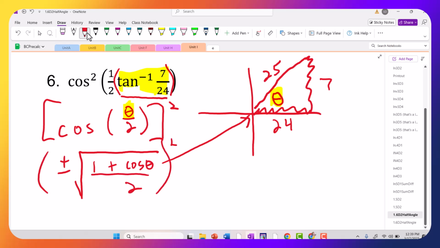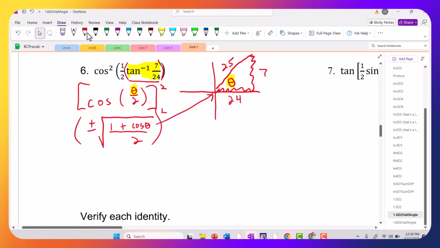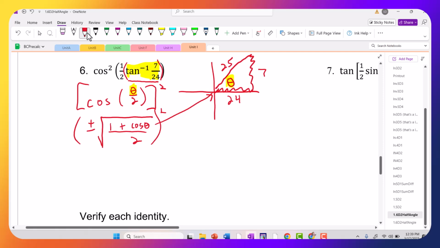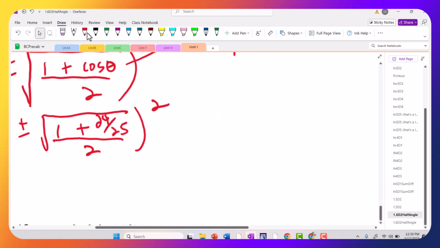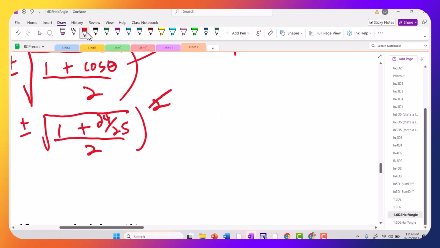It's one more time: plus minus square root of 1 plus cosine, which is 24 over 25, squared. And what does that squared do? It basically nullifies all of this. All right, so there's no more radical at all. And then this is 25 over 25. I'm going to go ahead and write that.